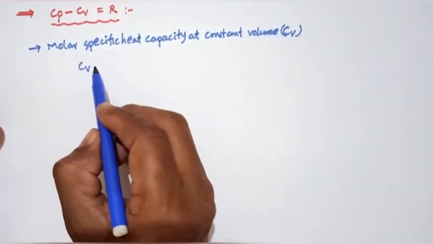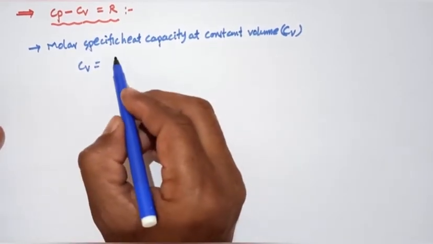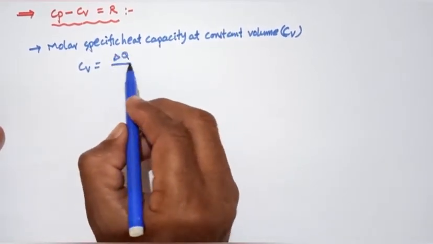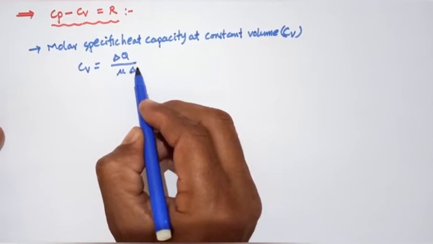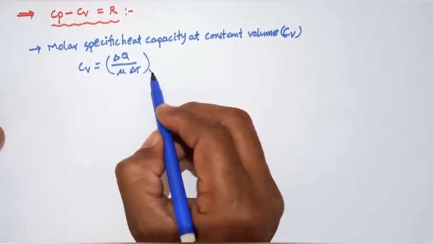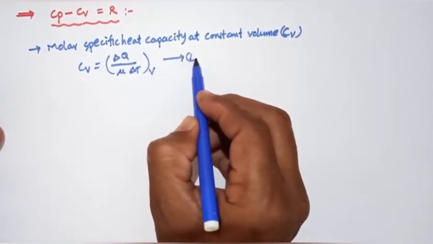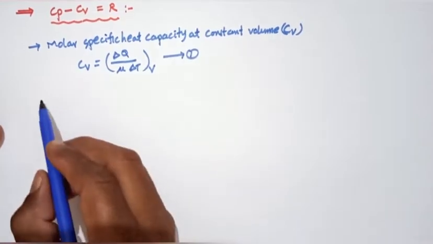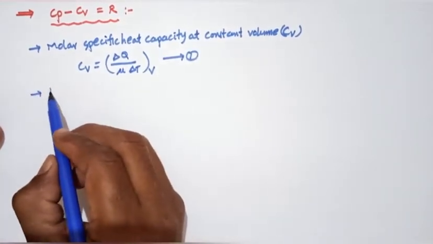Cv equals delta Q by mu into delta T at constant volume. This is equation number 1. Now we can take molar specific heat.